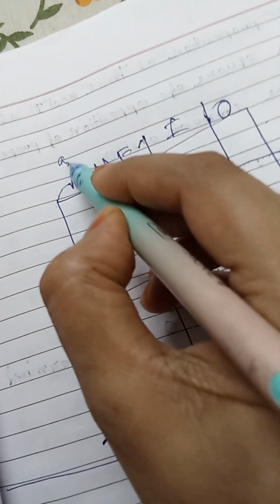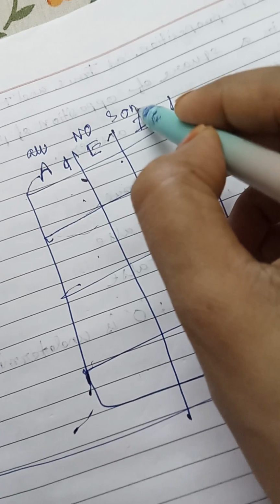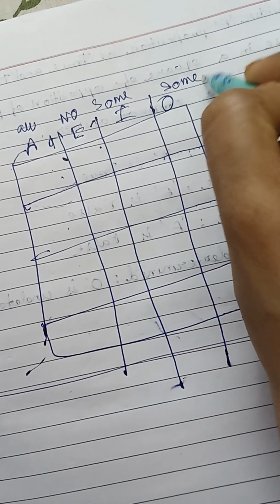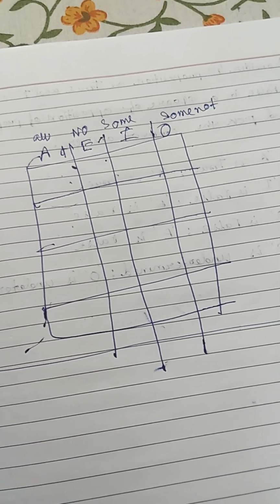So A for all, E for no, I for some, and O for some not. Am I right? So A for all, E for no, I for some, and O for some not.